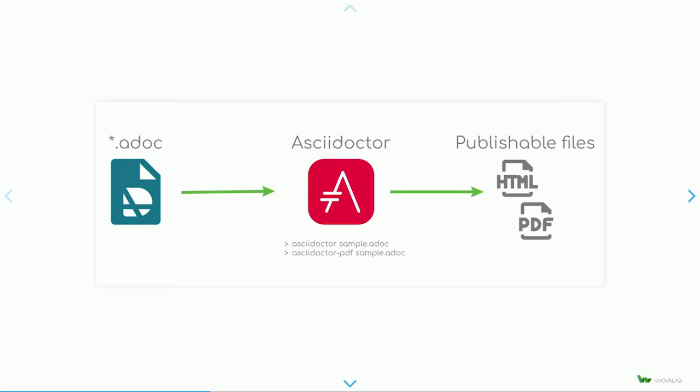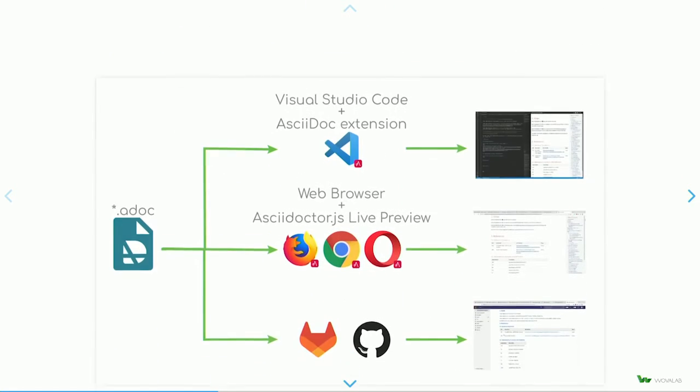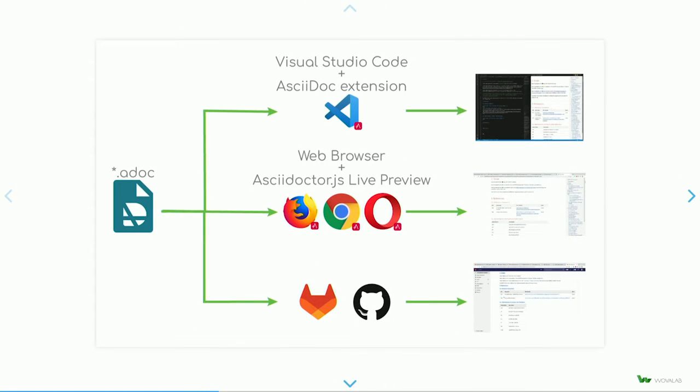The usual process is having your Asciidoc file, calling Asciidoctor through the CLI interface, and you will get an HTML or a PDF, like I showed you earlier. You can also have other processors. As we said, in GitLab or GitHub, the README created is made with Markdown.